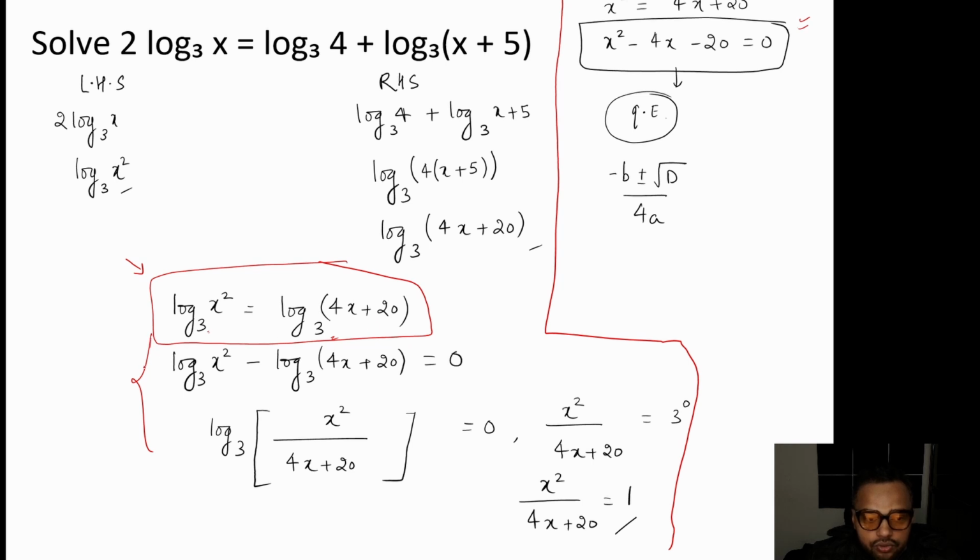We need to show our working in a presentable manner. So we should first apply the quotient law. We should show our working step by step. Majority of the students make a mistake here. They directly equate the values because the bases are the same, which is correct, I'm not denying it.